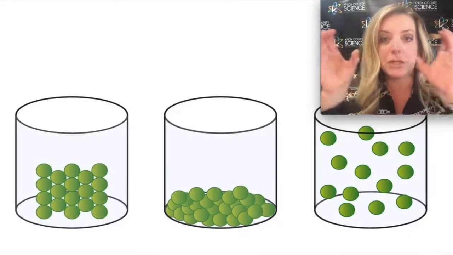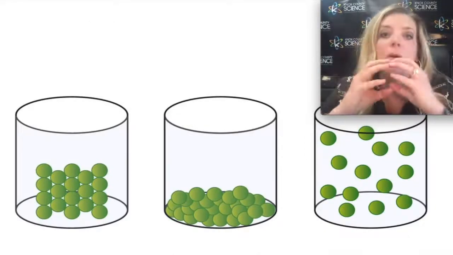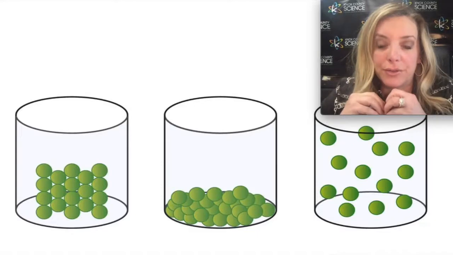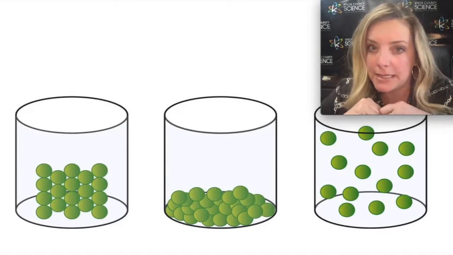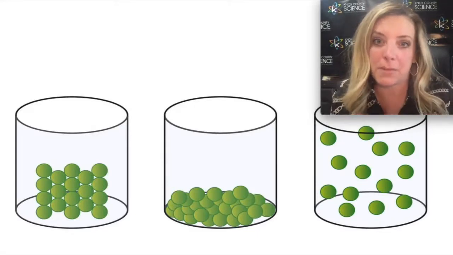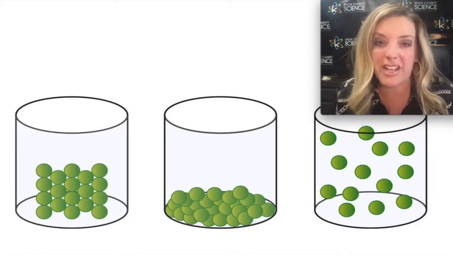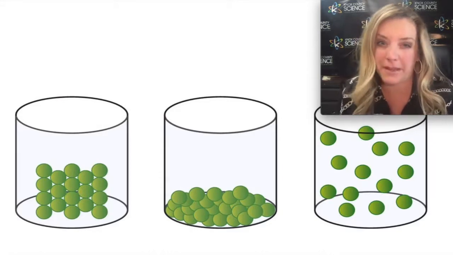So we're going to take a second and put on our special glasses that help us see particles. Normally we can't see any states of matter particles without a super powerful microscope, if that.